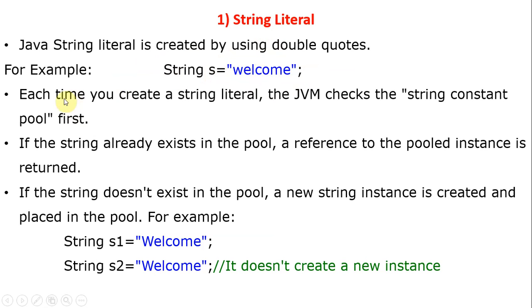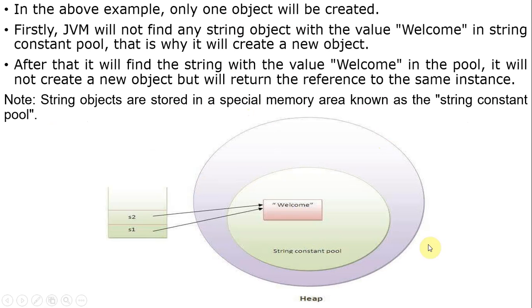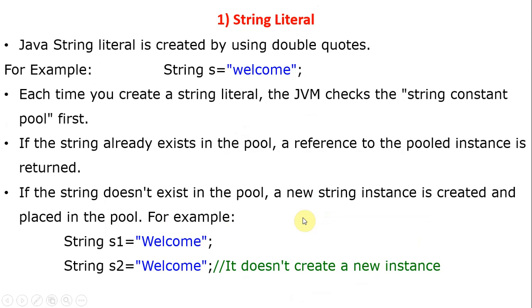Each time you create a string literal, the JVM checks the string constant pool first. In heap memory we have a string constant pool, a specific area where these string literals are stored.